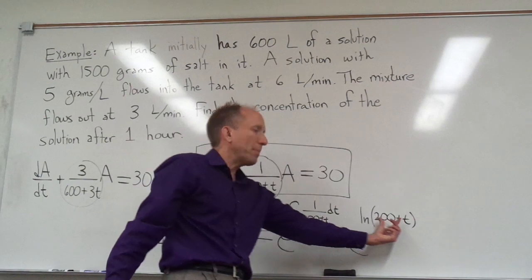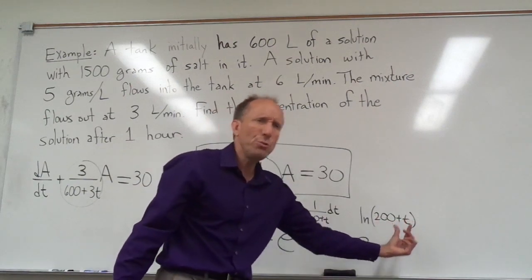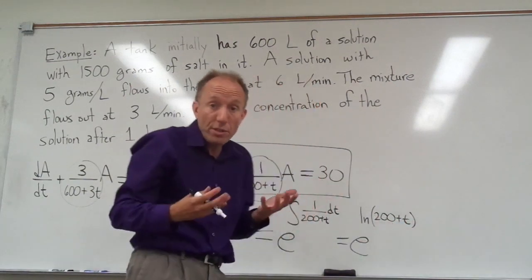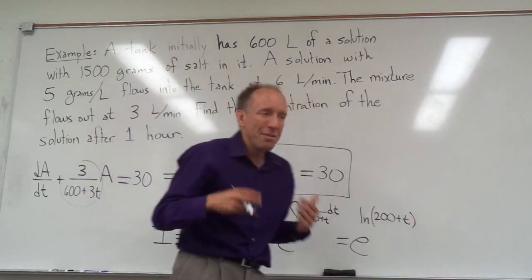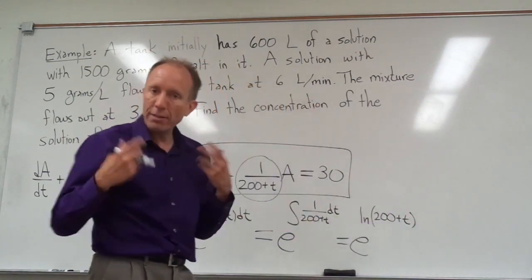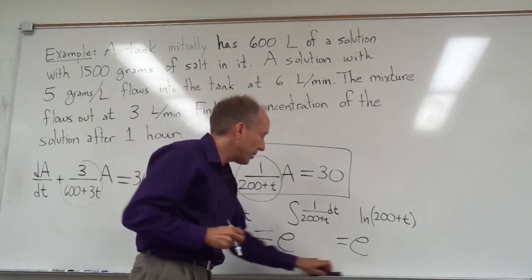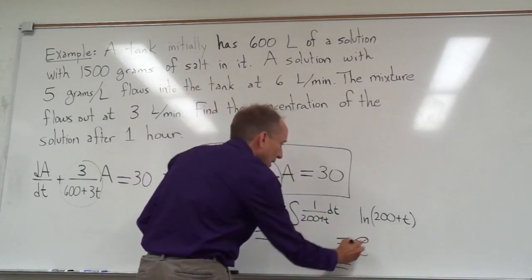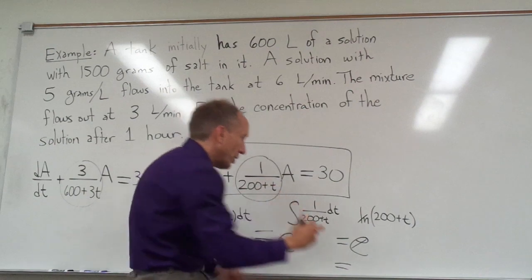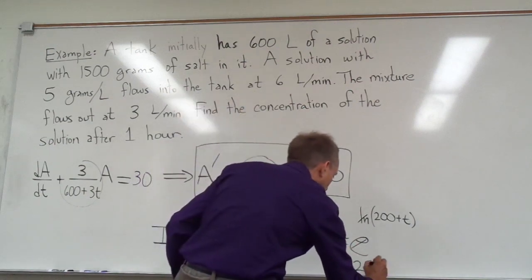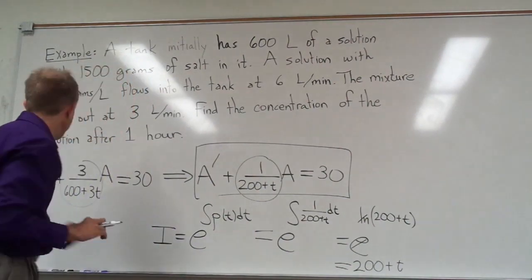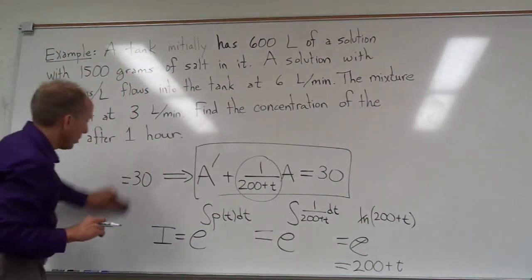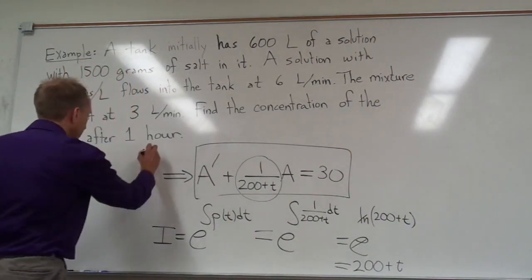I'm leaving off the absolute value bars because I know that 200 plus t will be positive anyway. And I'm also leaving off the plus c. Remember that when we find integrating factors, we don't have to include a plus c on that. And the e and the ln cancel each other, and I find out that my integrating factor is literally just 200 plus t. Okay? 200 plus t is my integrating factor.